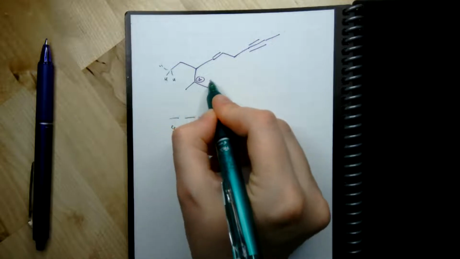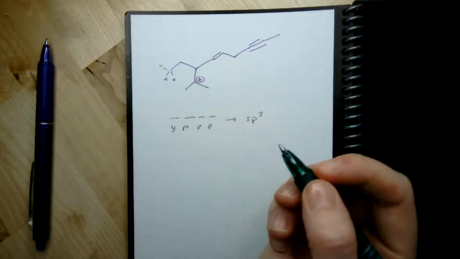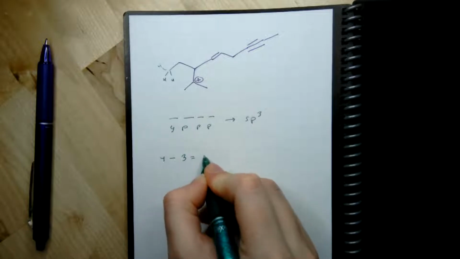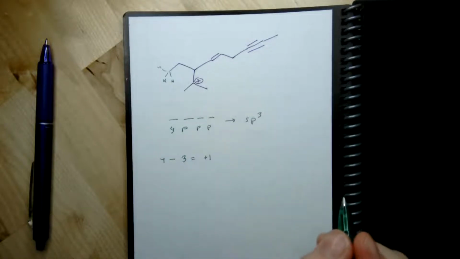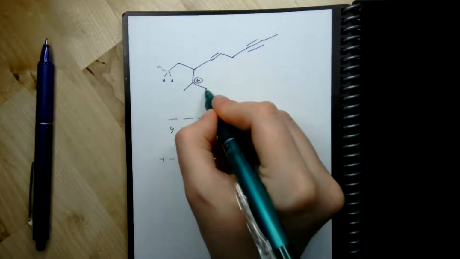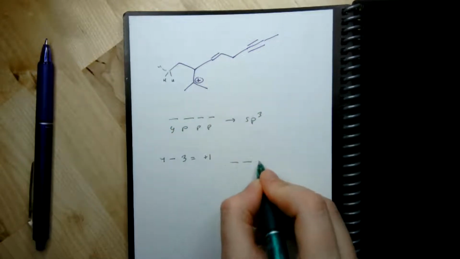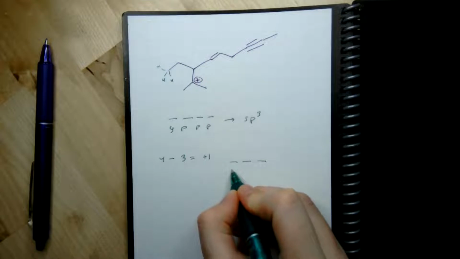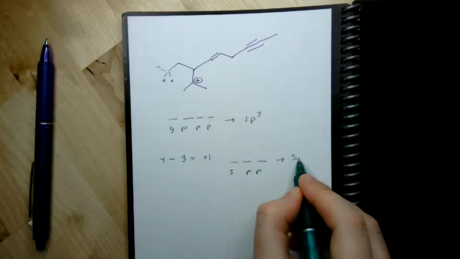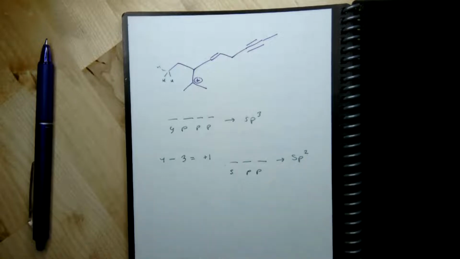In this carbocation, there's no implied hydrogen because of the formal charge. You need to know that. It starts with 4 minus 3 equals plus 1. So there's not an implied hydrogen there. So there's only 3 sigma bonds. So that must mean there's 1 s and 2 p's. So sp2.